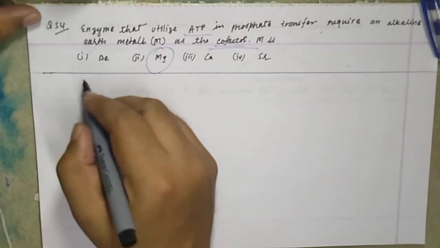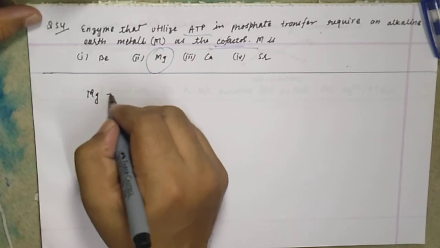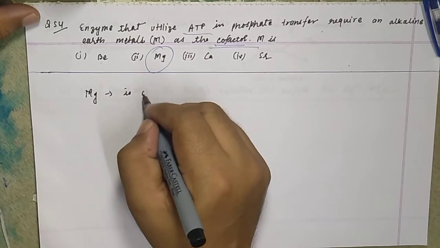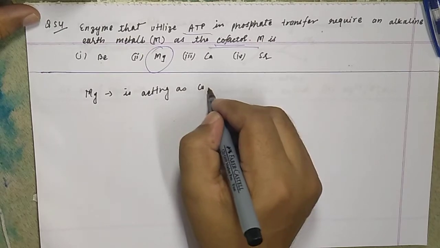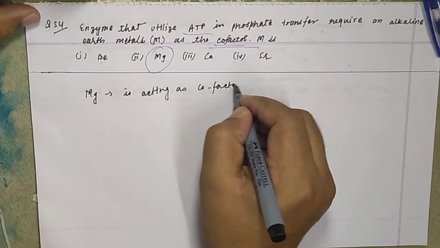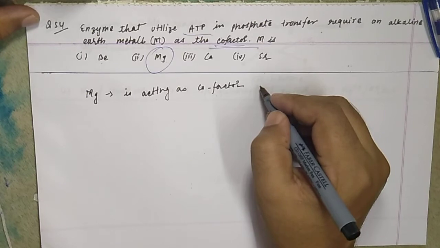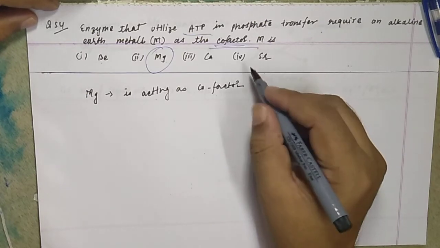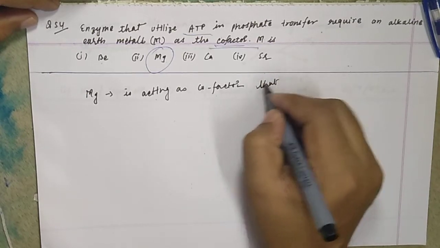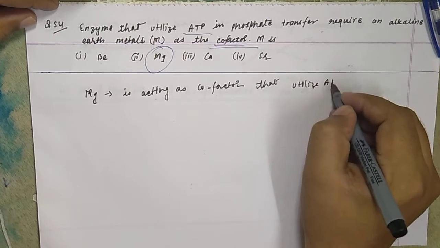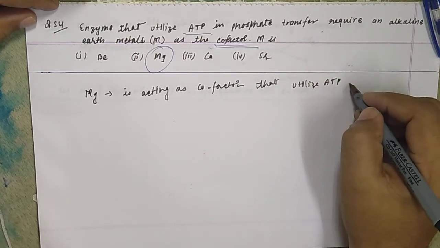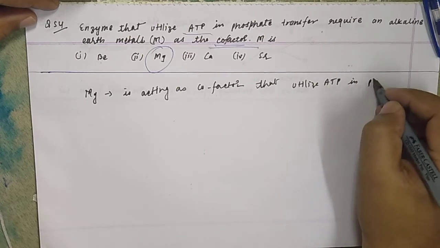So magnesium is acting as a cofactor that utilizes ATP in phosphate transfer.